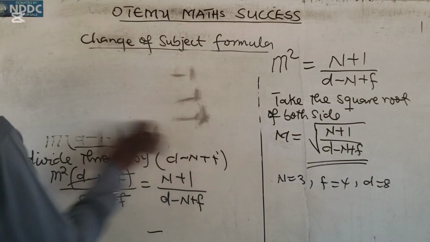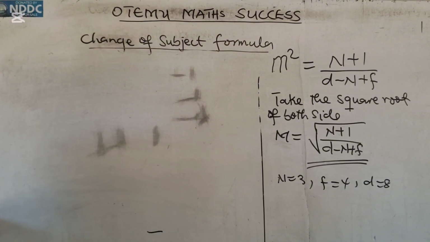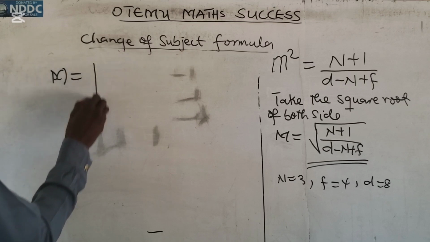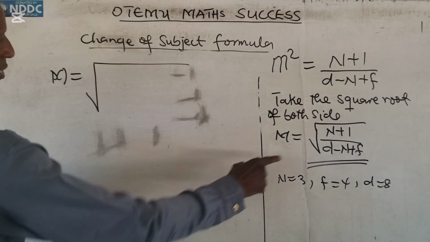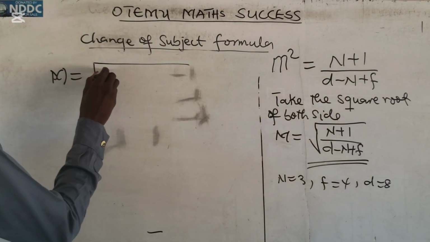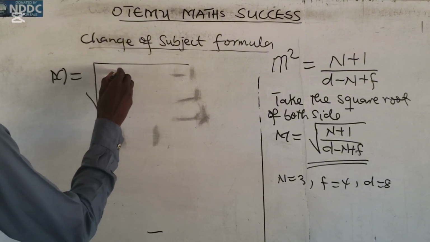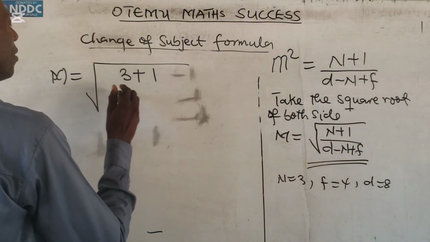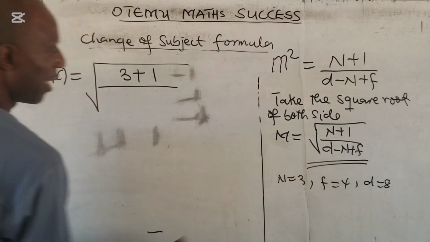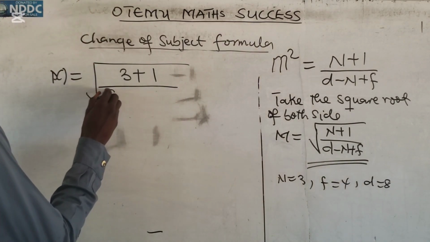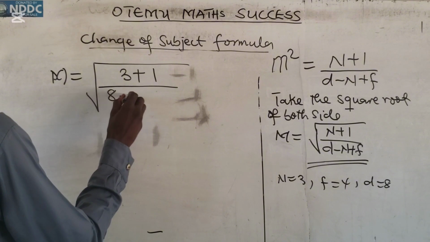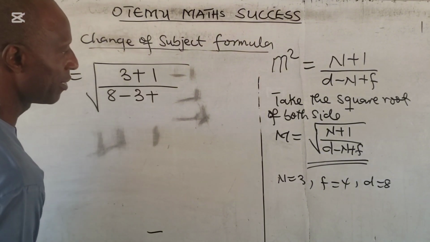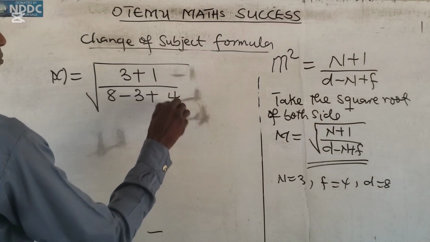So let's substitute. Therefore, M is equal to the square root of, what is N there? 3, plus 1 all over, what is D there? D is 8, minus N again, which is 3, plus F, which is 4.